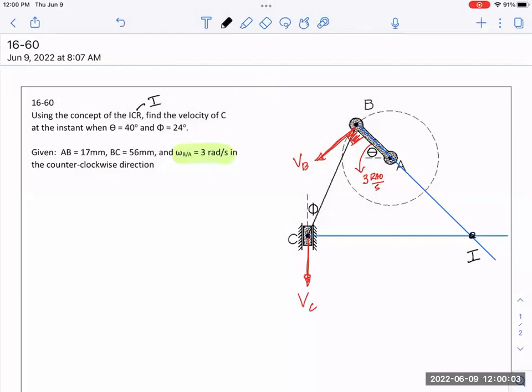Double check and see if you got the ICR, the instantaneous center, kind of over there in the right general area. Again, I think it's extremely helpful to draw in those two red vectors, draw in some 90-degree angles.